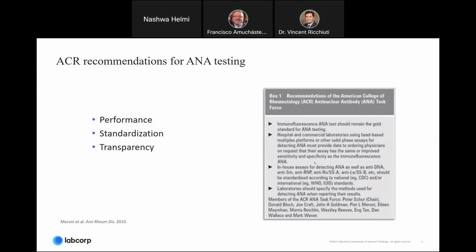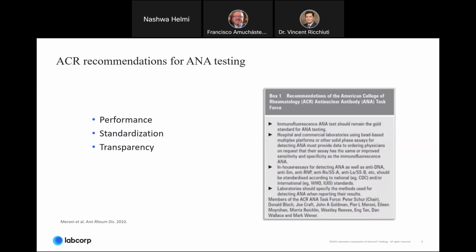They also recommend that hospital and commercial labs using bead-based multiplex platforms or other solid-phase assays such as ELISA must provide data to the ordering physician on request that their assay has the same or improved sensitivity and specificity as the IFA.